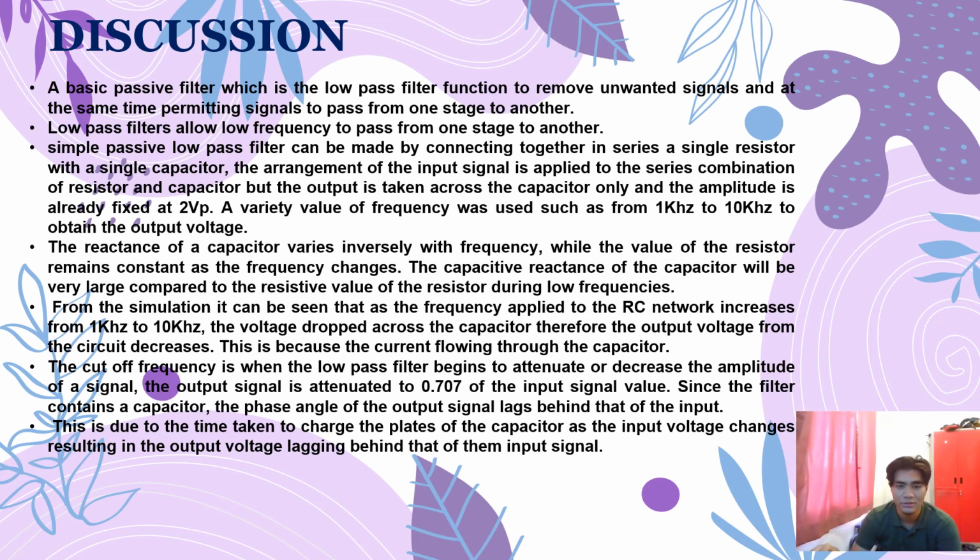Since the filter contains a capacitor, the phase angle of the output signal lags behind that of the input. This is due to the time taken to charge the plate of the capacitor as the input voltage changes.